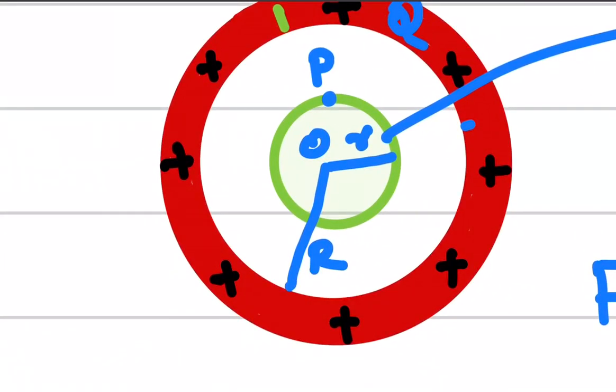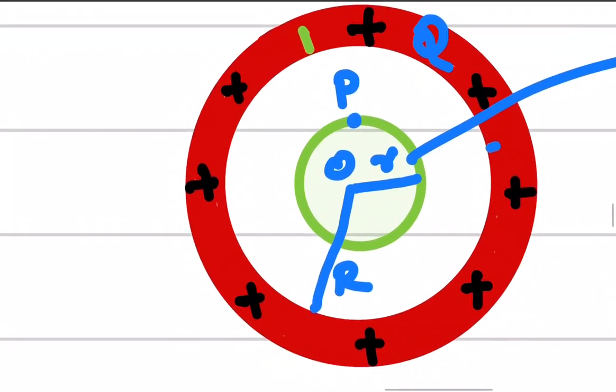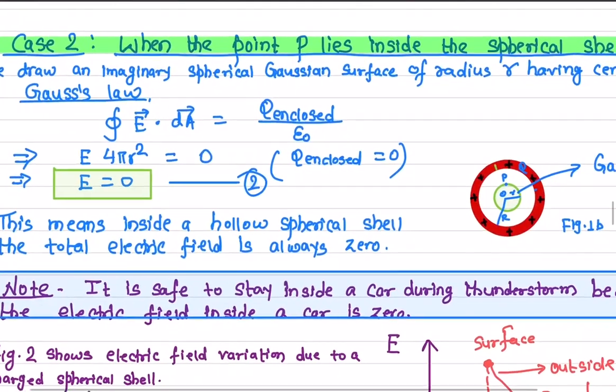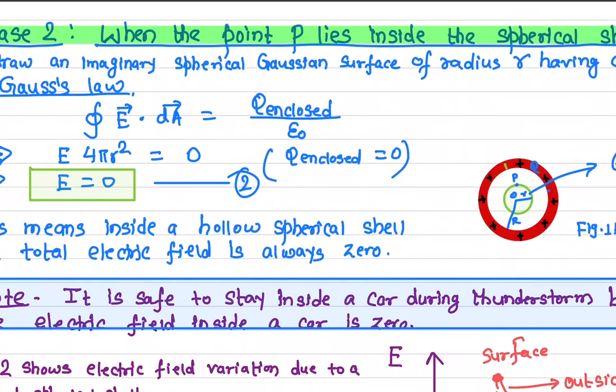So for this one, we again choose a Gaussian surface, again a spherical Gaussian surface. Here we have created a Gaussian surface at a distance r. The radius of the Gaussian surface is r. Now let's find out the electric field by application of Gauss law.